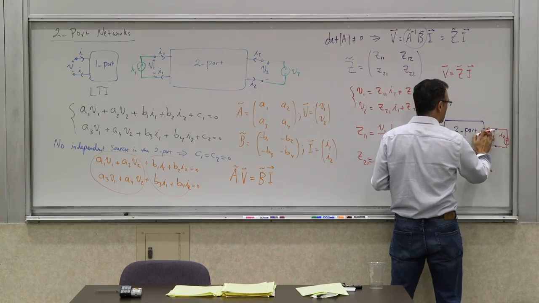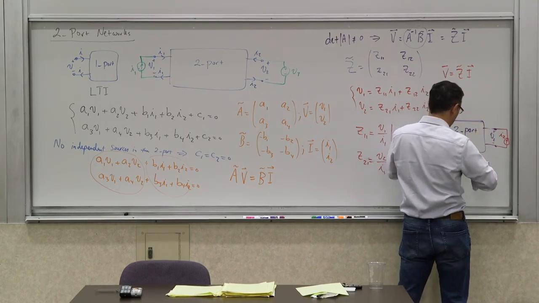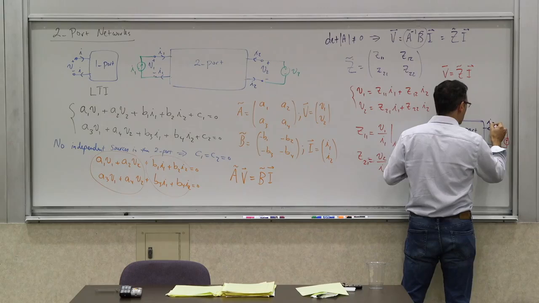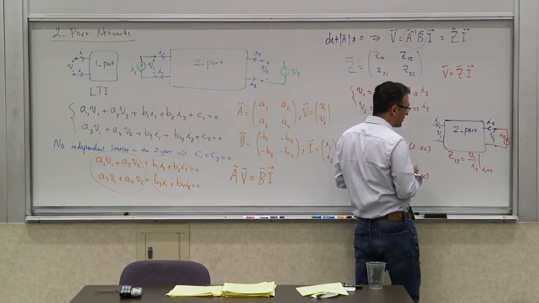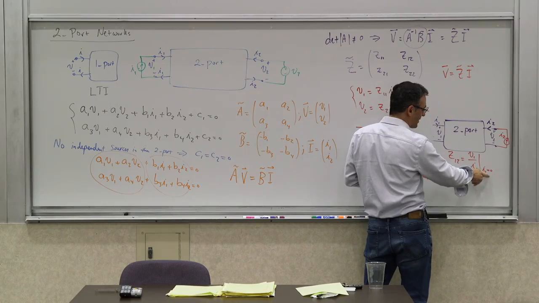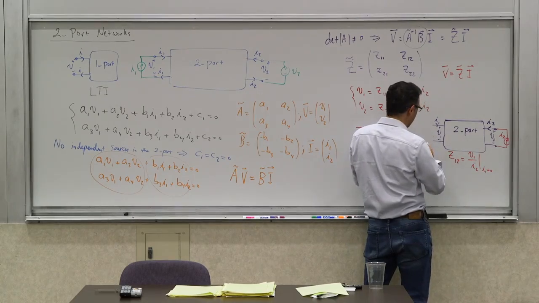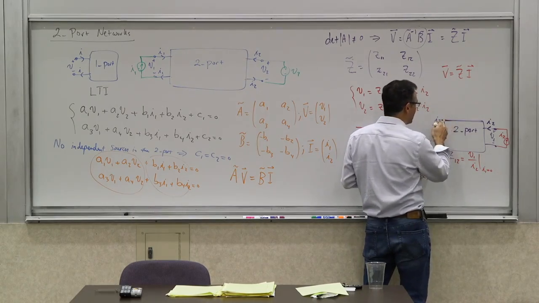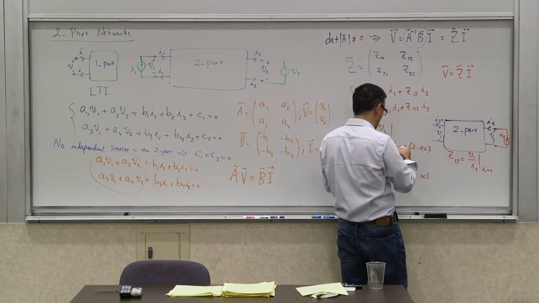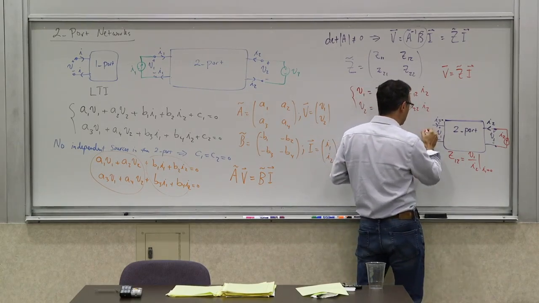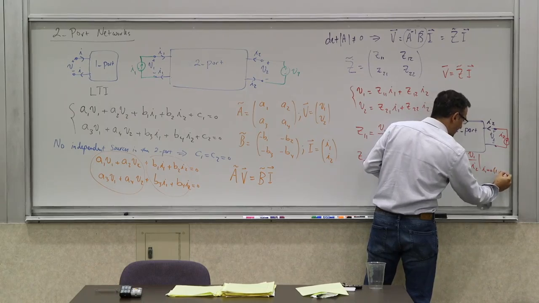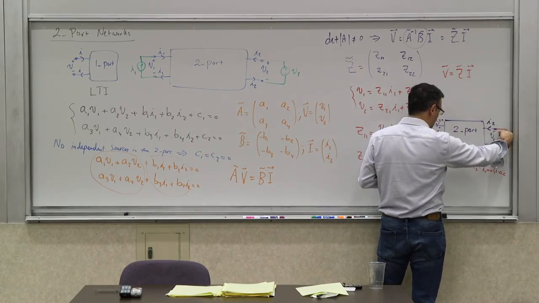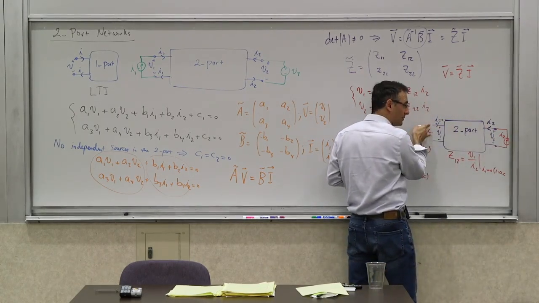I2 was pointing this way anyway, so this is I2. And then for the first port, you leave it open circuit. You set I1 to 0. To guarantee that I1 is 0, you need to leave it open circuited. So this is port 1 open circuit. And you apply the I2 and measure V1 here.